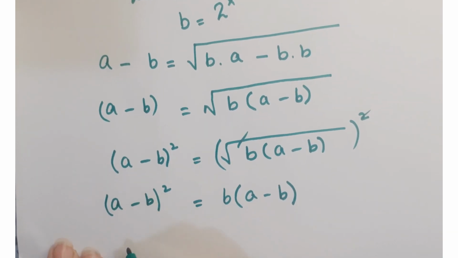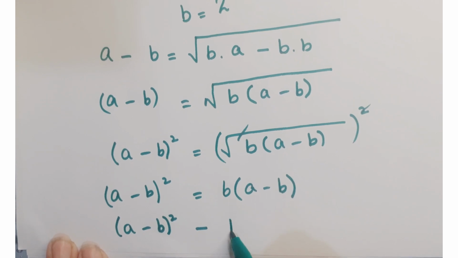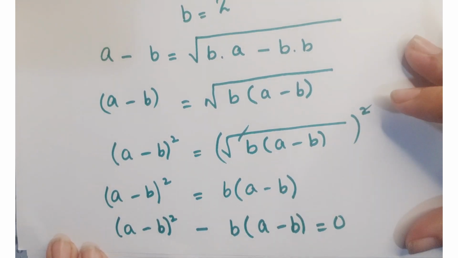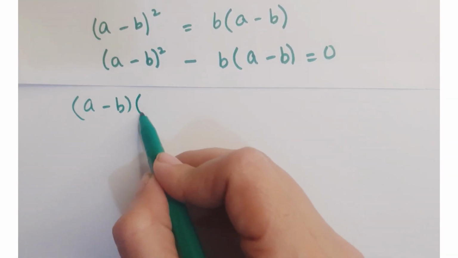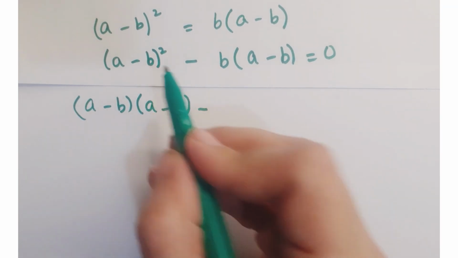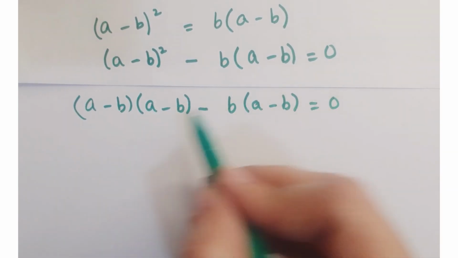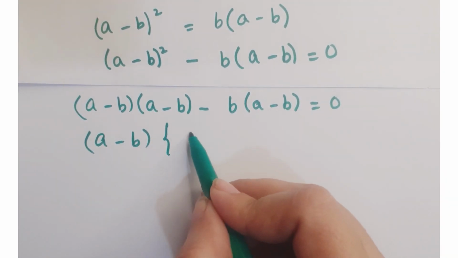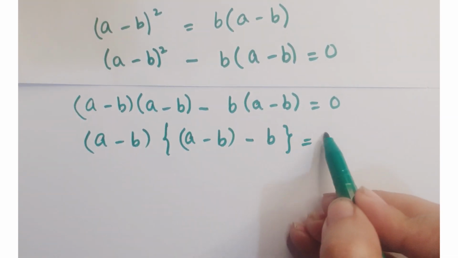Now, taking this term on the left hand side, we have (a minus b) whole square minus b(a minus b) is equal to 0. Now, this (a minus b) whole square can be written as (a minus b) into (a minus b), because there is a square power, minus b into (a minus b) is equal to 0. Out of these two terms, taking out (a minus b) common, we are left with a minus b and minus b in the second term.